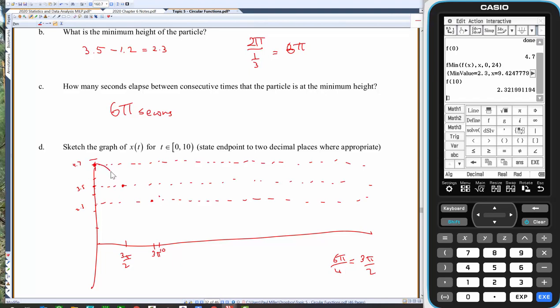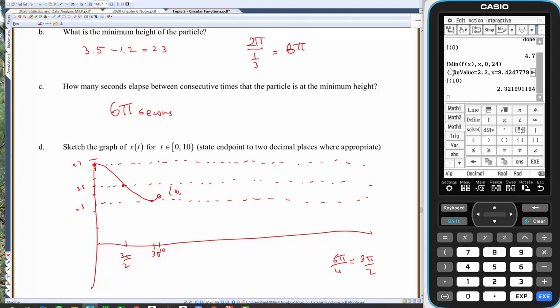So my function falls down, hits the turning point, returns back up, and because it's not included, I'm going to open circle it there and say that it is 10, comma, I wonder if that's an exact value, I doubt it. Like, you could write that in, but that's just the function. So they probably state endpoints to 2 decimal places, so absolutely decimal.